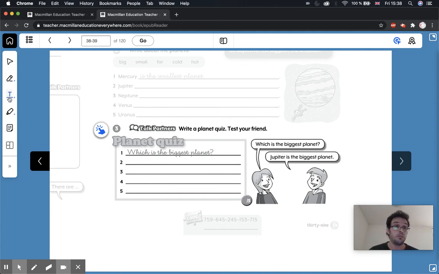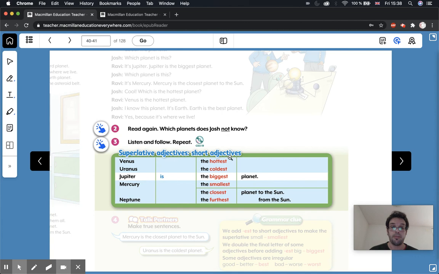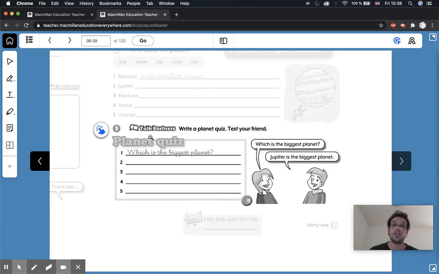So we're going to take 2 more adjectives. Let's take the adjectives. It says here, which is the biggest planet? El más grande. Let's find out the smallest planet. El más pequeño. ¿Cómo se pregunta? ¿Cuál es la planeta más pequeña?